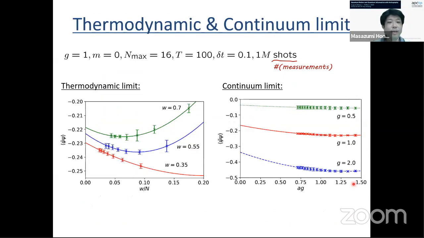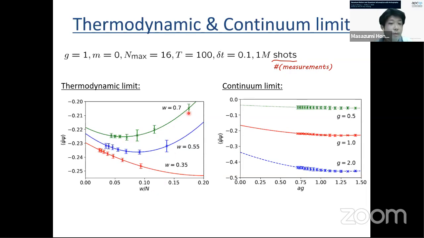Okay, this is one thing. Another subtlety is that we have to take the infinite volume limit and the continuum limit. And this is a plot of the procedures. In the left figure, I'm showing the procedure of the infinite volume limit. The horizontal axis is basically the inverse of the physical volume.